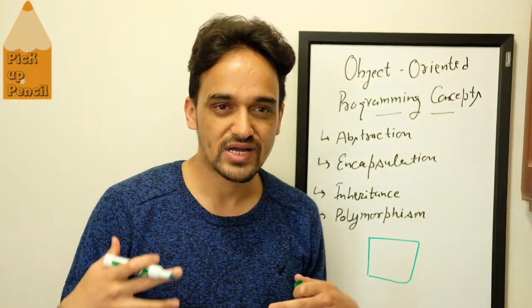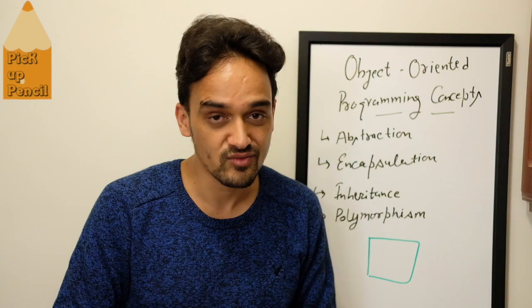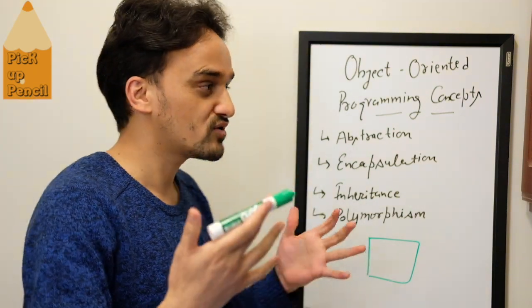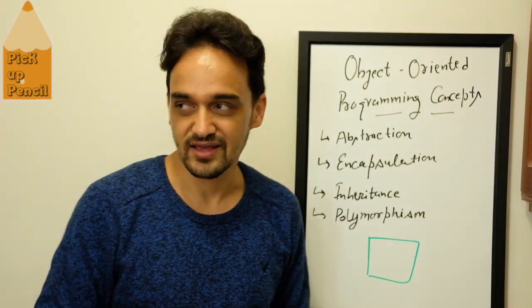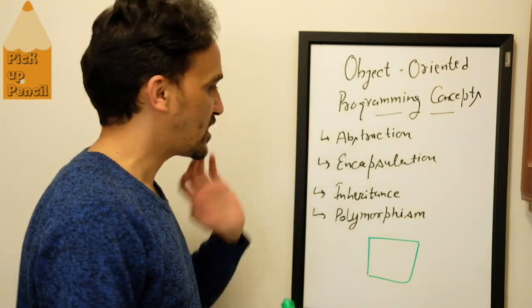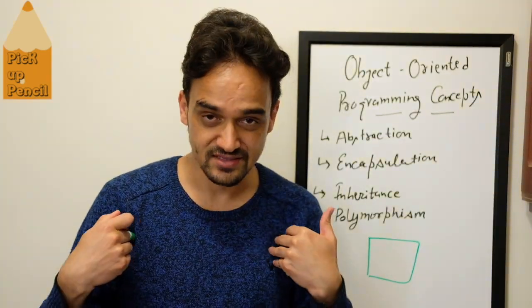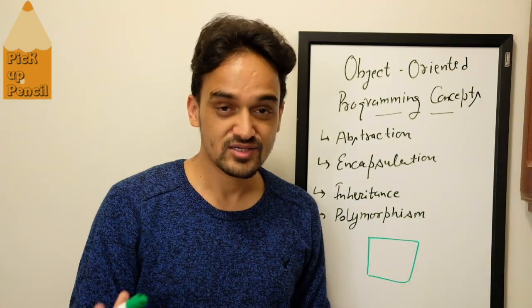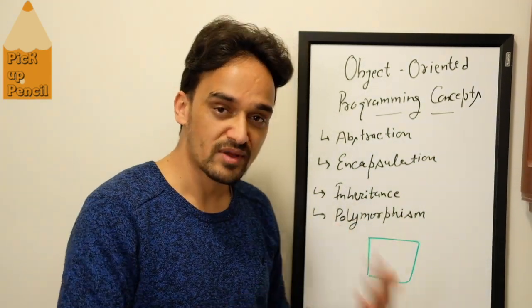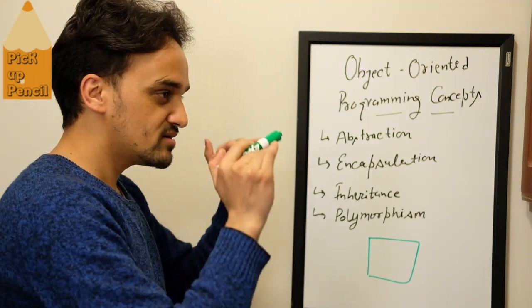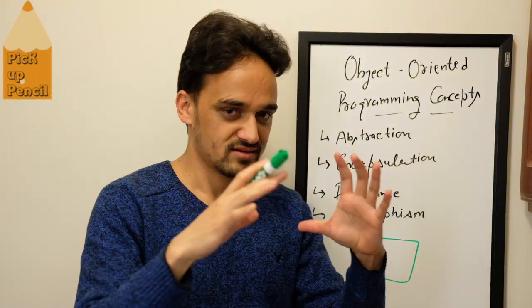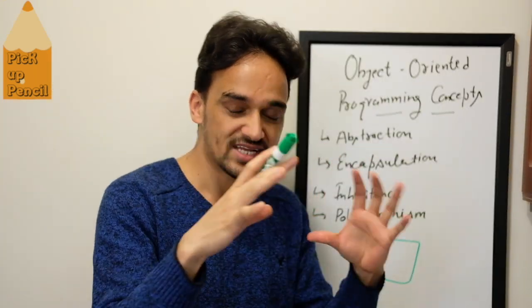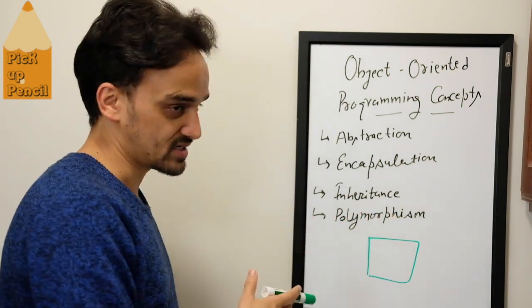In the real world we see a lot of objects around us, like a house, a whiteboard, a car, a person or a pen. Everything around us is an object. Similarly in the programming world, we divide our system into those entities which are called objects.